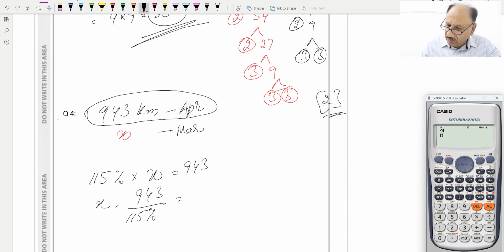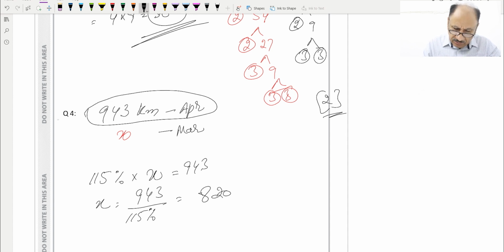This is equal to 820, and this is the answer, which is for how many marks? This is 3 marks basically. So question 4 was 3 marks. It was a reverse percentage question.